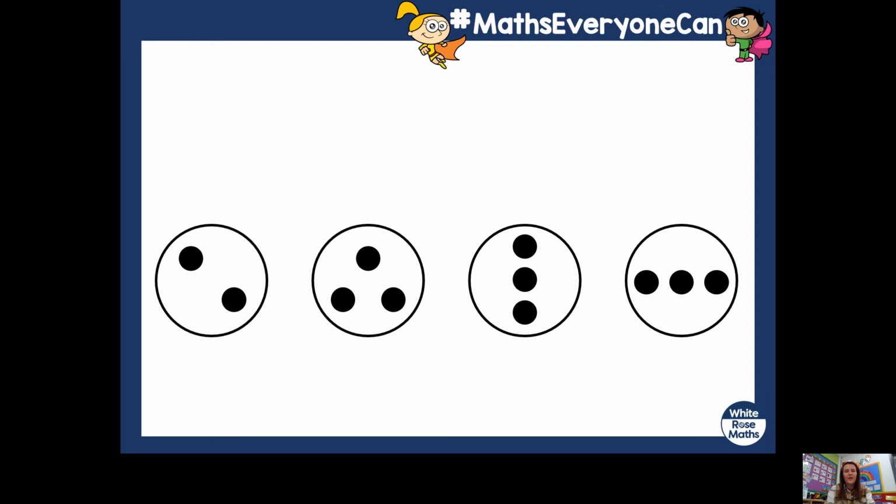Which one doesn't belong? That's right. The number 2 plate doesn't belong because the rest of the plates are showing number 3. So the number 2 plate is the one which doesn't belong. It's the odd one out.